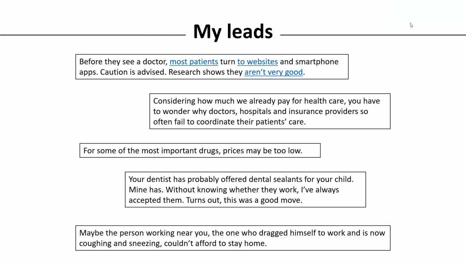Yeah, for example, the second and the fourth sentences, it's like you're making a conversation with me: your dentist has probably offered something, and you have to wonder. Seeing the use of the word you makes it more relatable to me, and it draws my attention to read more about that. Mm-hmm. I'm going to come back to that in a second.